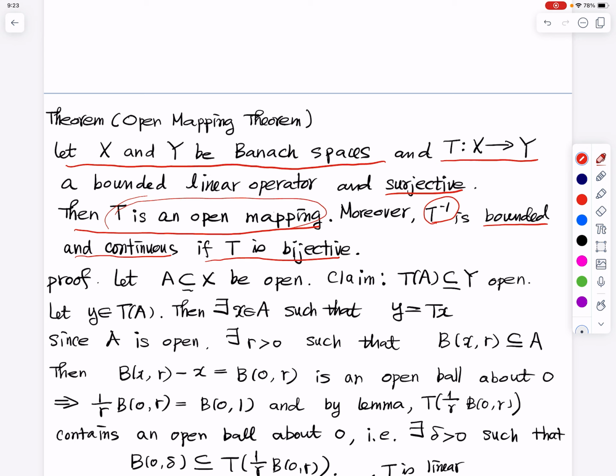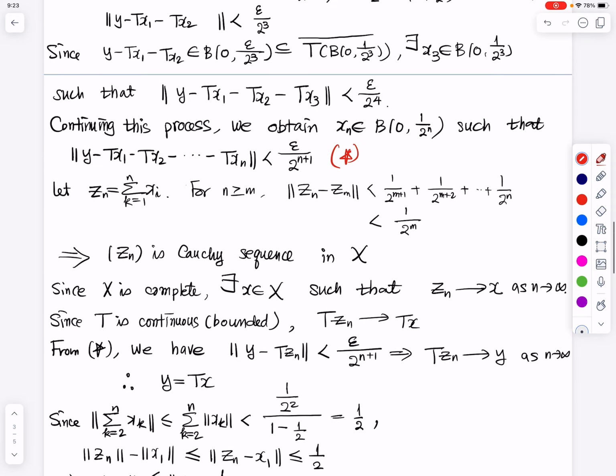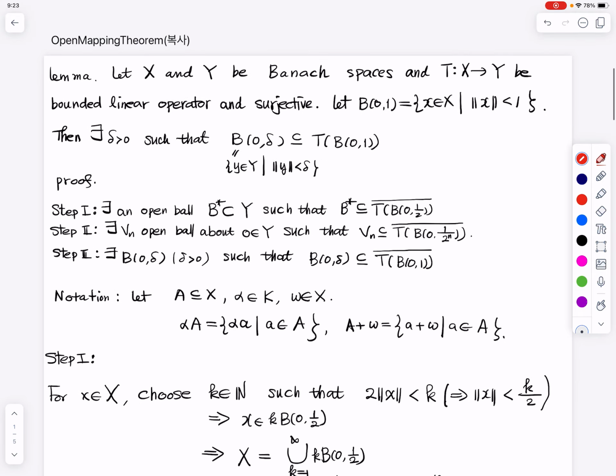In order to prove this theorem, we need one lemma that I'm going to prove first. The first lemma we want to prove is the following. Suppose X and Y are Banach spaces, and T is a bounded linear operator and surjective from X to Y. Then I look at the open ball of radius 1 centered at 0.